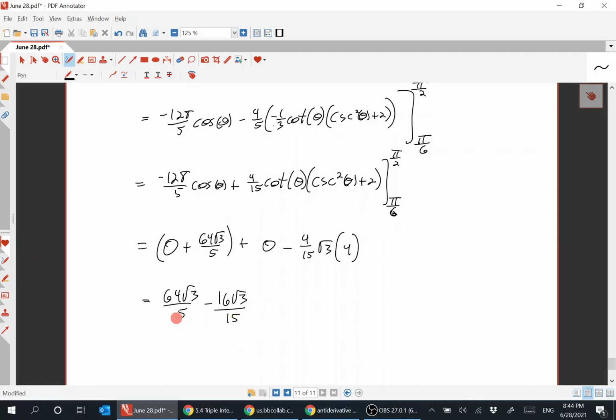So that's going to simplify a little bit. Well, I'm not going to do it. Is that what I got last time I did this? Yeah. Actually, I have an 8 there.